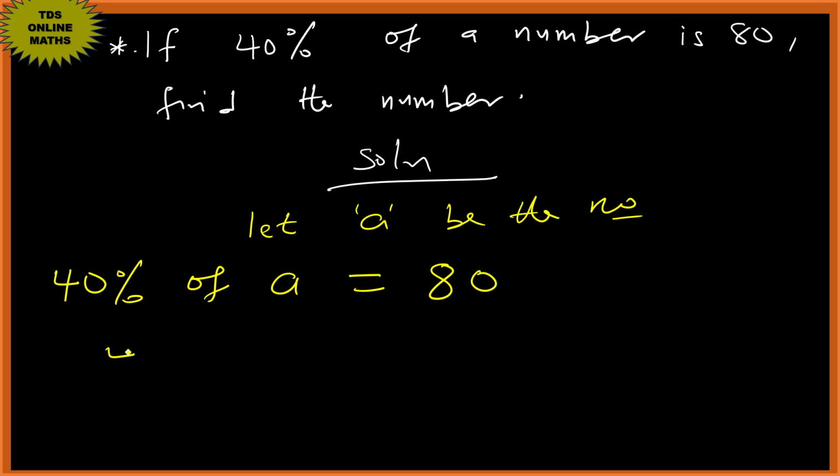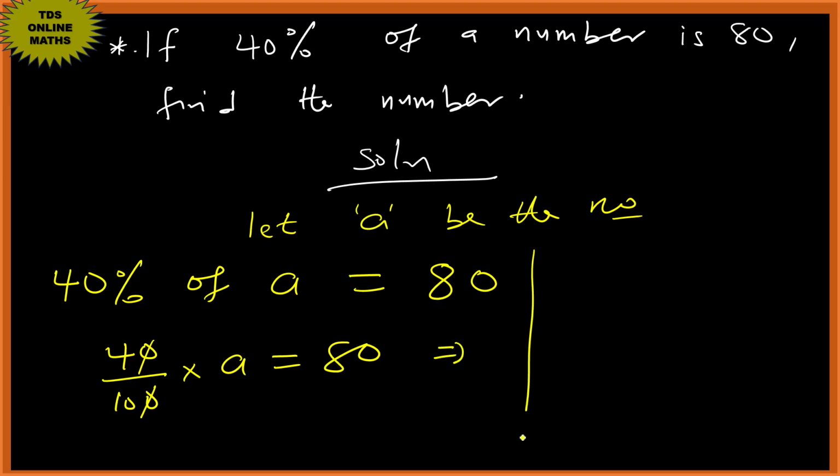Okay, so we have 40 on 100 times A equals 80. So this one will cancel this. I'll be left with 4A on 10 equals 80.